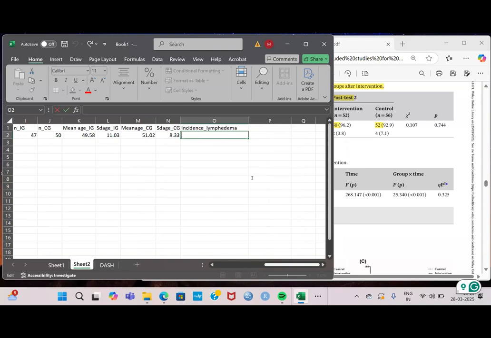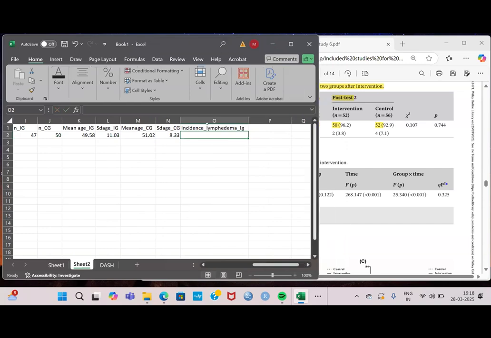So incidence of lymphedema in the intervention group is 50. What about the control group? It has 52.